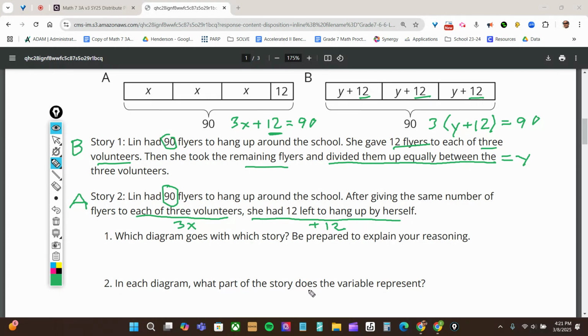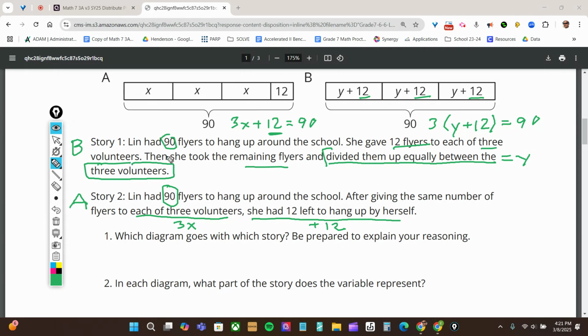In each diagram, which part of the story? Okay, so we did that. So y is the remaining flyers divided up equally between the 3 volunteers. That equals the y, so we could put a box around it like that.